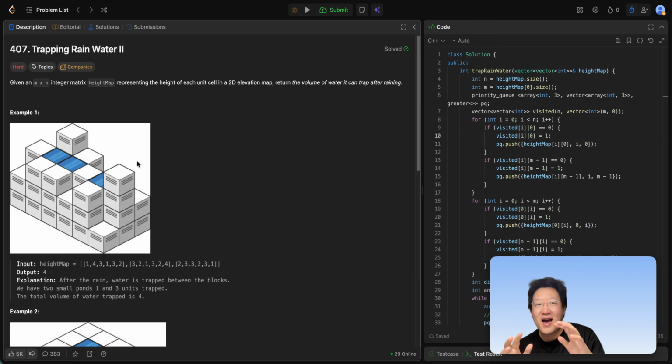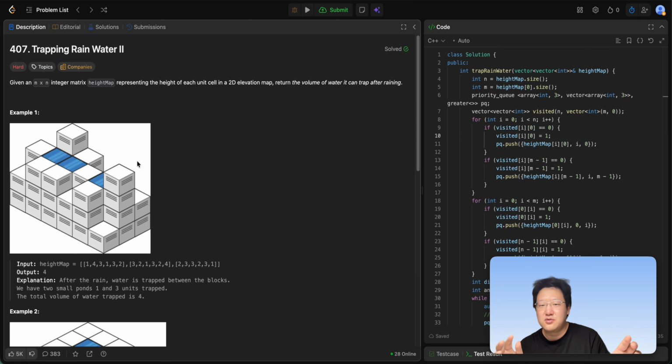Each BFS visits n times m cells, and in the maximum situation, they will visit n times m cells total.